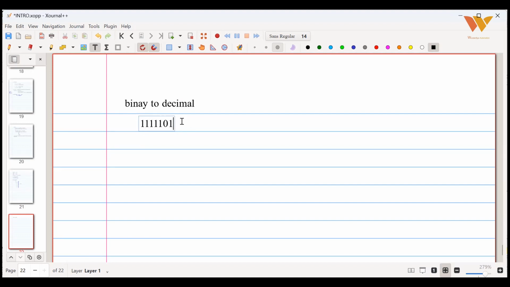We have to take the power of 2. I'll come from this side. Now 1 into 2 power 0. Now what is 2 power 0? 1.